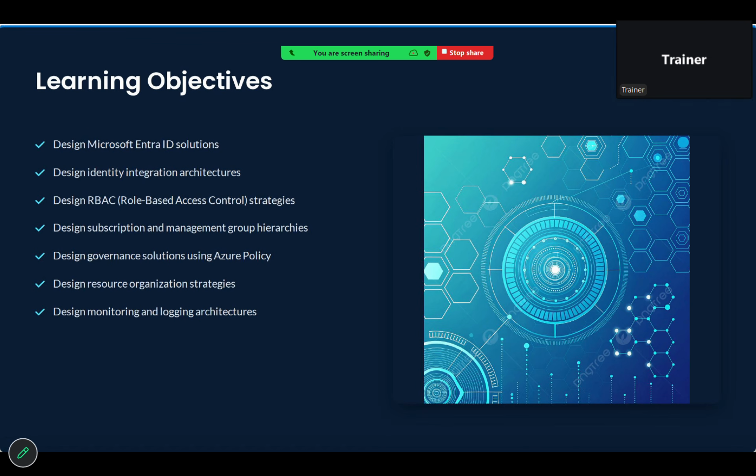So can you name the five pillars of the Azure Well-Architected Framework? Reliability: can the system fail? Security: unauthorized users.